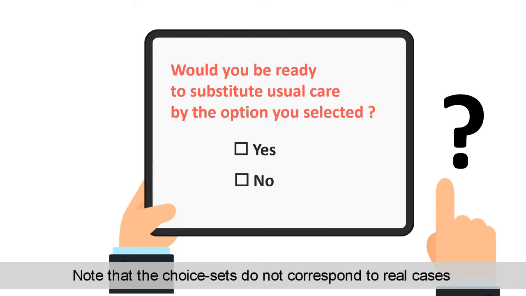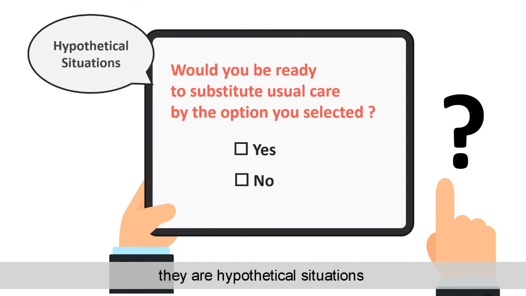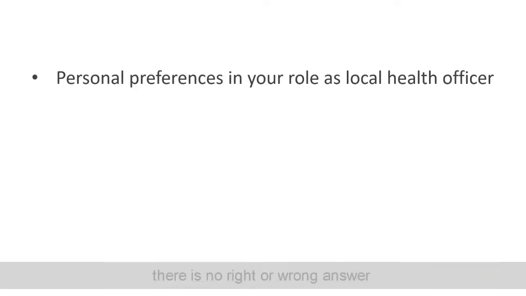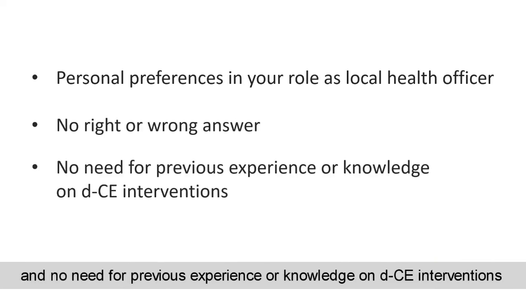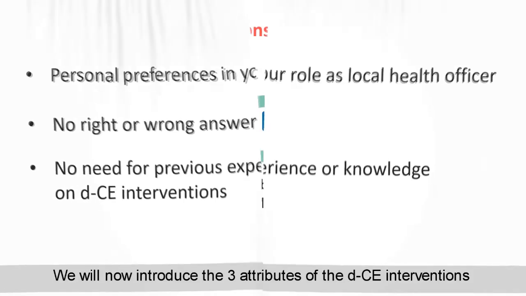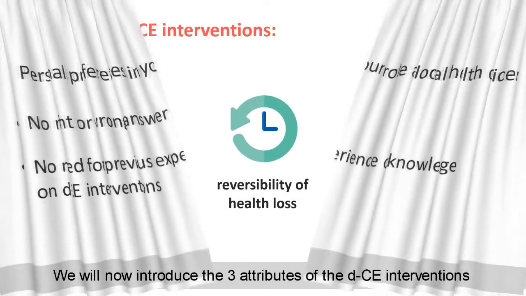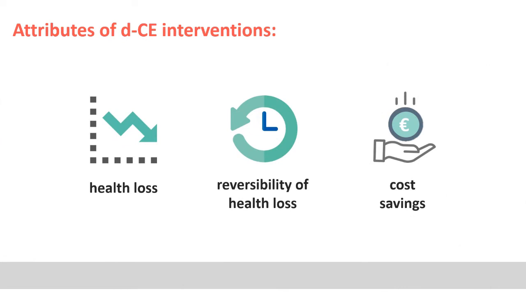Note that the choices do not correspond to real cases, they are hypothetical situations. We are interested in your personal preferences in your role as a local health officer. And remember, there is no right or wrong answer and no need for previous experience or knowledge on the DCE interventions. We will now introduce the 3 attributes of the DCE interventions.